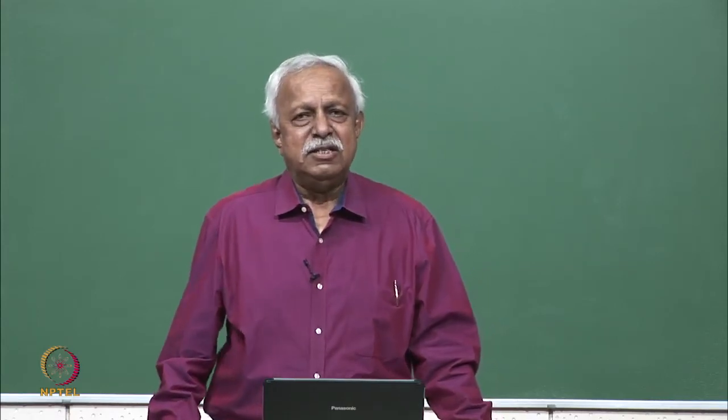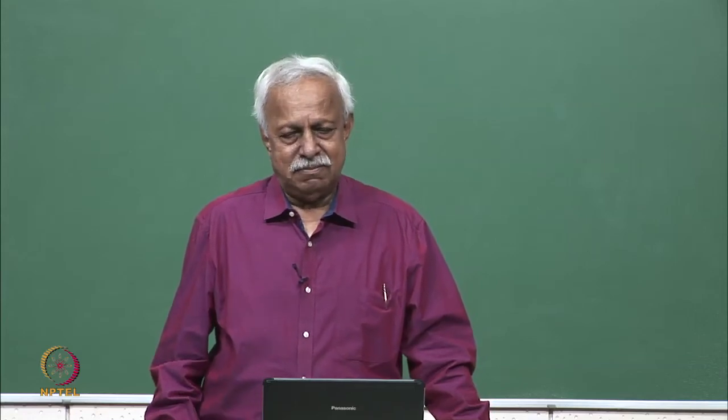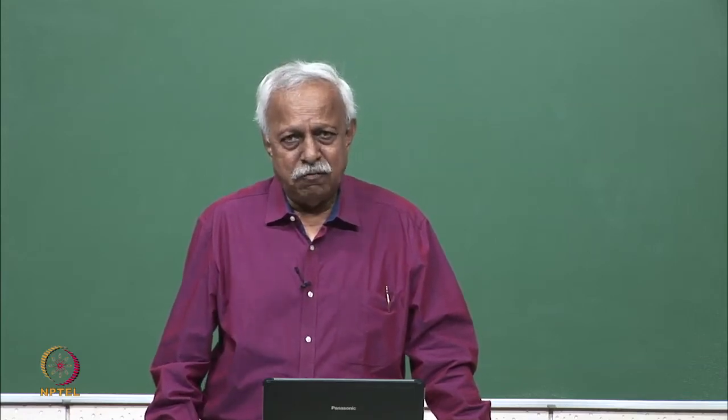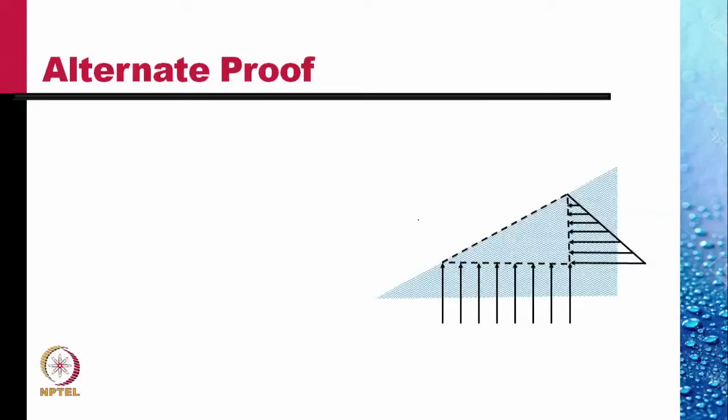the pressure variations on the vertical face. These are horizontal forces. Then forces on the bottom, which are uniform because the bottom is horizontal at the same level. Clearly, this magnitude of force must be the same as this magnitude of force.